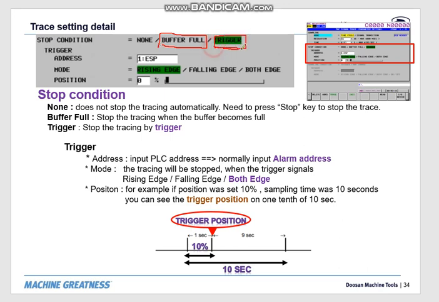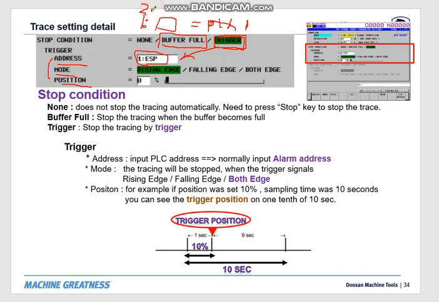Trigger stop. If you select trigger, you also have to set the address, mode and position. For the address, you can choose address or symbol. Now it is a symbol address. One dot symbol means path 1, the first path.